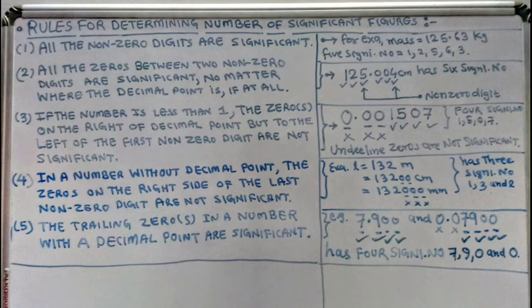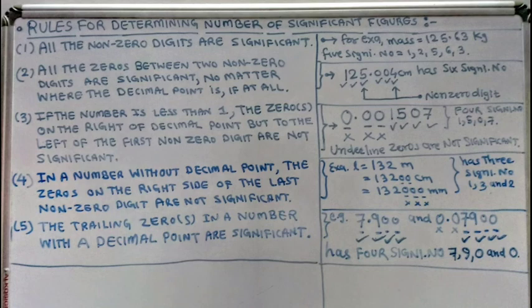Second, all the zeros between two non-zero digits are significant, no matter where the decimal point is, if at all. Example, in 125.004 centimeter, there are 6 significant figures because two zeros are coming between two non-zero digits. So the 6 significant figures are 1, 2, 5, 0, 0, 4.